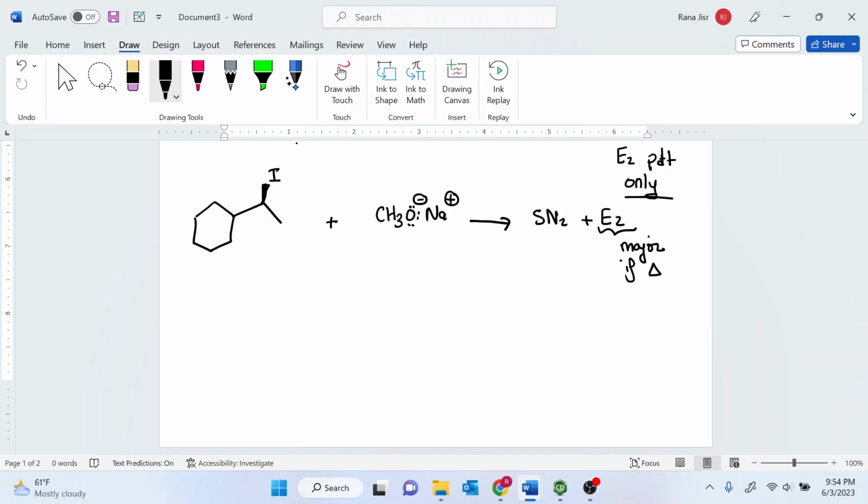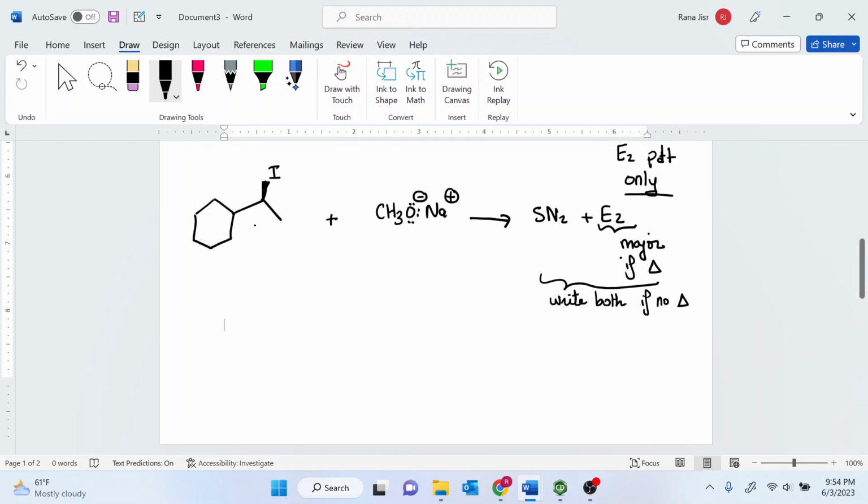If there is no heat, then you're going to write both the SN2 and the E2. So if no heat is present, then you're going to get both SN2 and E2. So let's assume that there is no heat and write both products in there, the substitution and the elimination. Notice that the two happen together and both are one step. So we're going to start with the SN2 reaction.